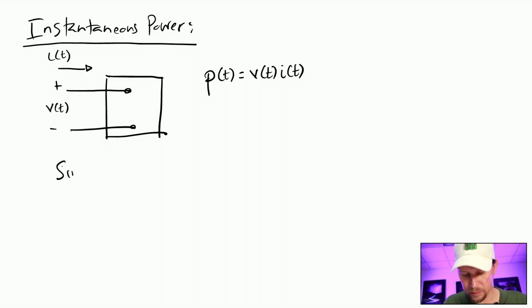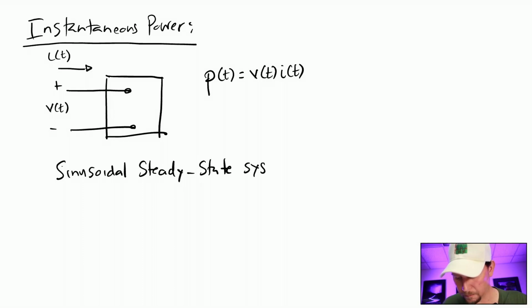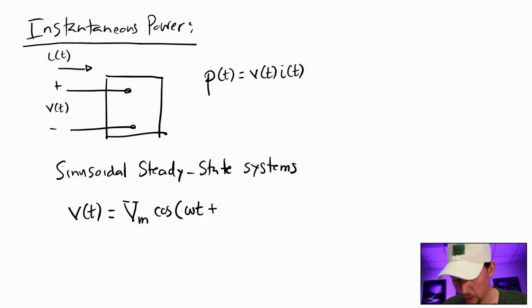So for sinusoidal steady state systems, one of the things that we can say is that the voltage as a function of time has some amplitude, and with the cosine reference, it's the cosine of the angular frequency times time, plus some phase constant associated with the voltage.